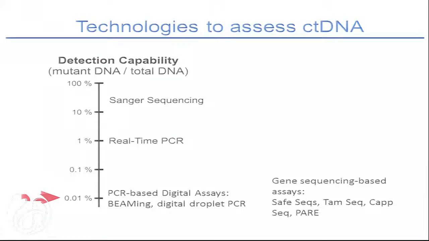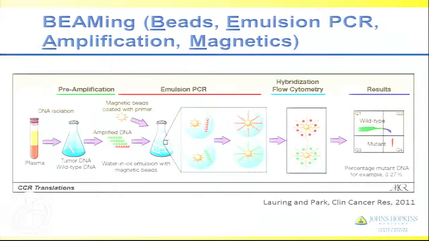We're going down to digital PCR-based assays with a detection level of about 1 in 10,000 or better, including so-called beaming, which I will explain in more detail, droplet PCR-based assays. And then we can also look at several mutations at a time. We can do direct sequencing from plasma with new generation sequencing approaches.